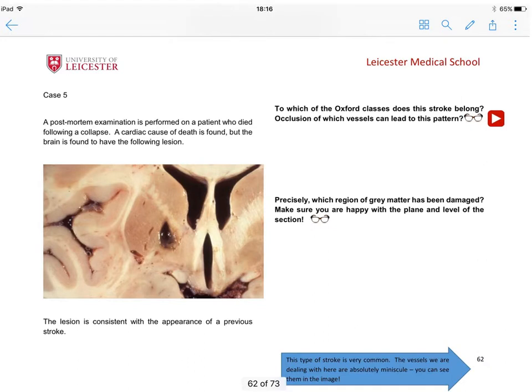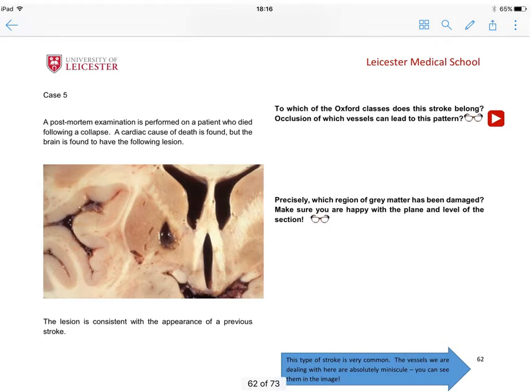Now, this is actually a coronal section through the brain in the region of the lateral and third ventricles here. So this is the insula and this is the lentiform nucleus with the internal capsule and the caudate nucleus here. But I want you to assume that it is in fact a transverse section.